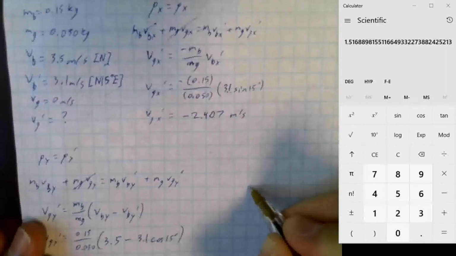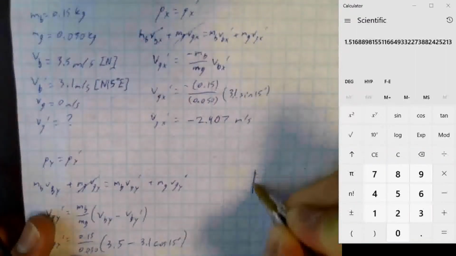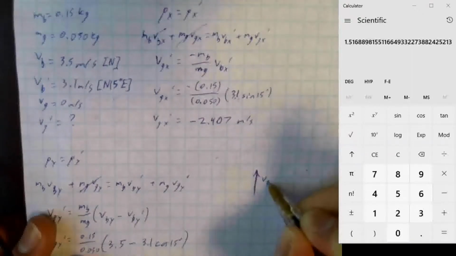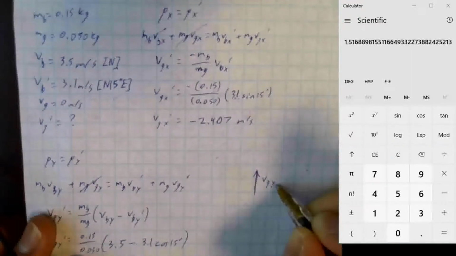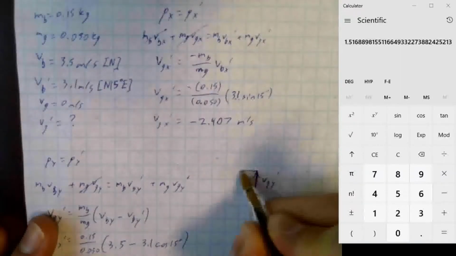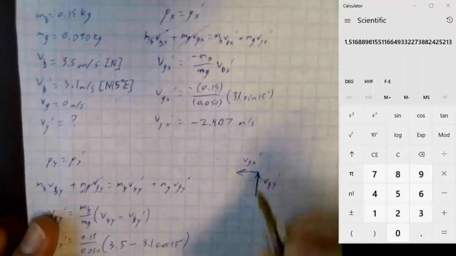So my final momentum, or my final velocity of this golf ball is going to be an addition of VGY prime, that's the upward direction, and VGX prime.